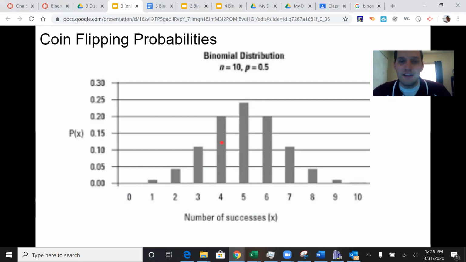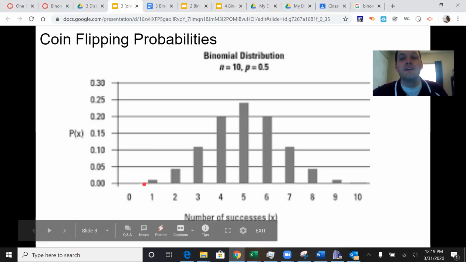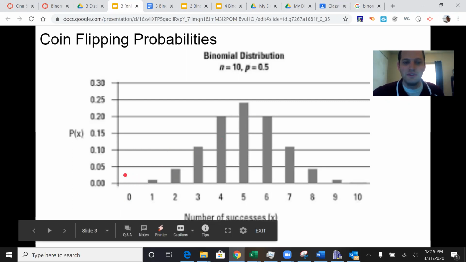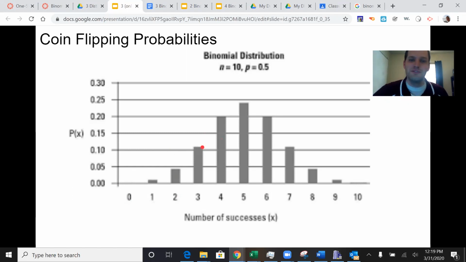Now a CDF is going to tell you the height of all the bars if you add them together up to that number. So if you're doing a CDF of 3, it's going to add 0, 1, 2, and 3 together. Okay? Because a CDF is what is the probability that at most 3 coins are heads when you flip 10 coins. Well, in that case, it could be 0, it could be 1, it could be 2, it could be 3. So it adds all of those together.